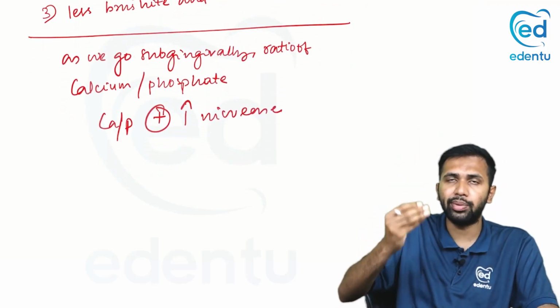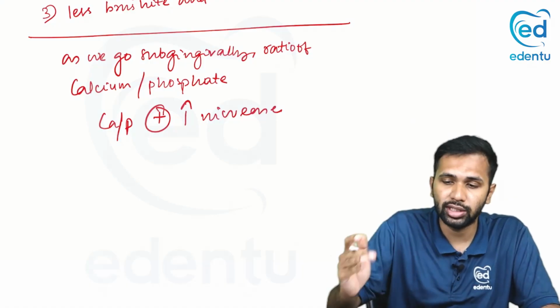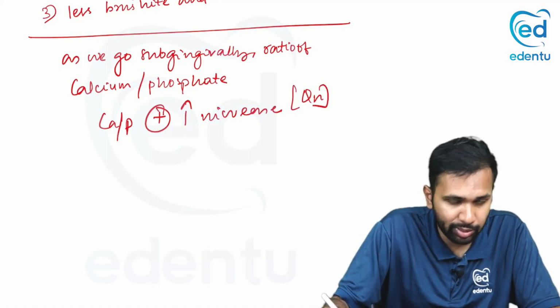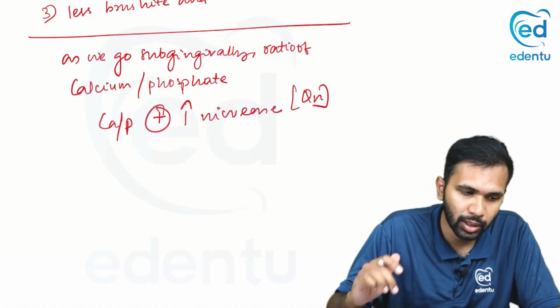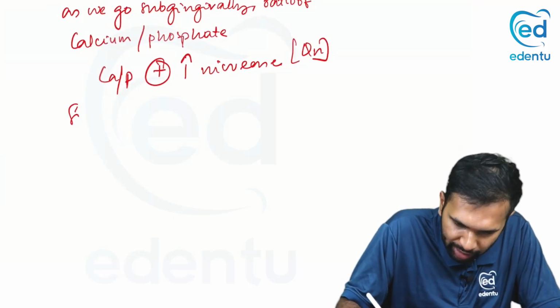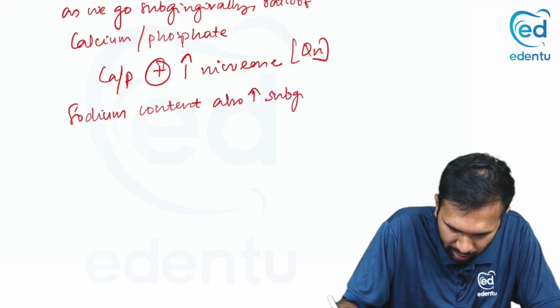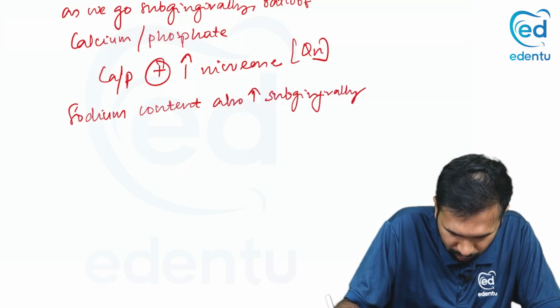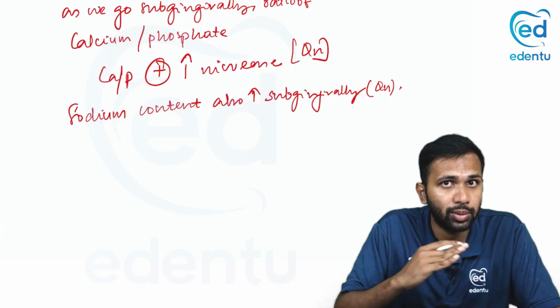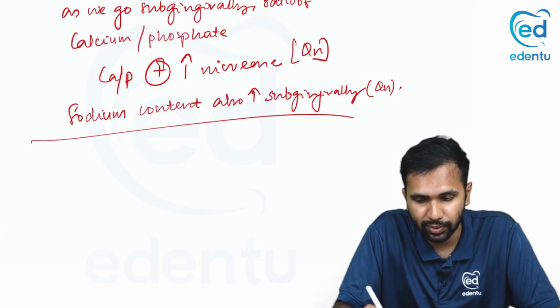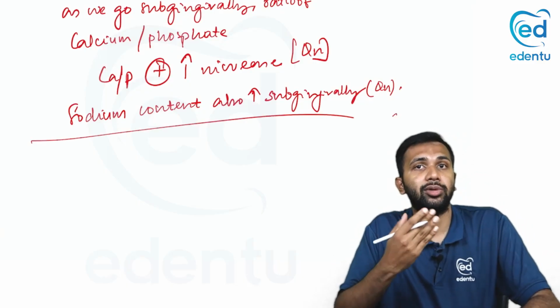As we go deeper and deeper in the pocket, the calcium to phosphorus ratio is increased. Has been asked. Every line has been asked. Okay. Next, the sodium content also increases subgingivally. Again, has been asked in 2021. Right? This question is framed in such a way to confuse you.